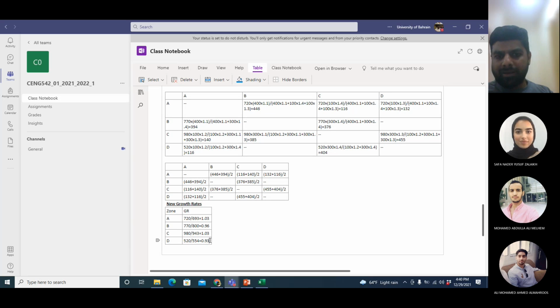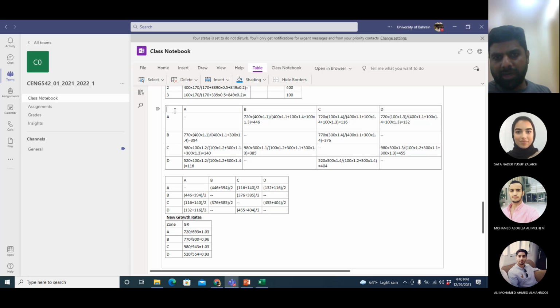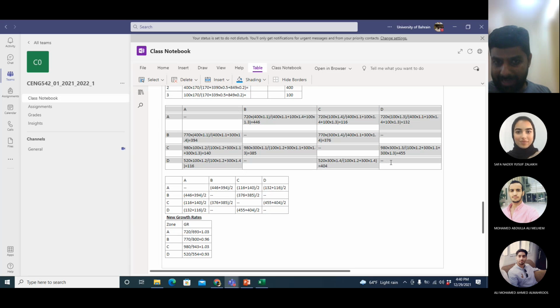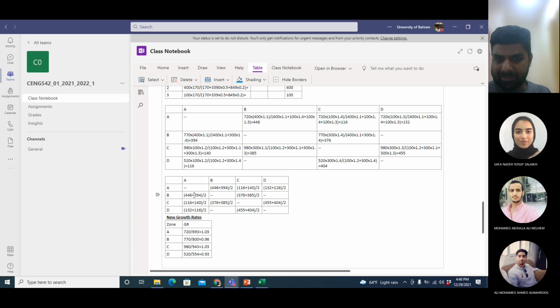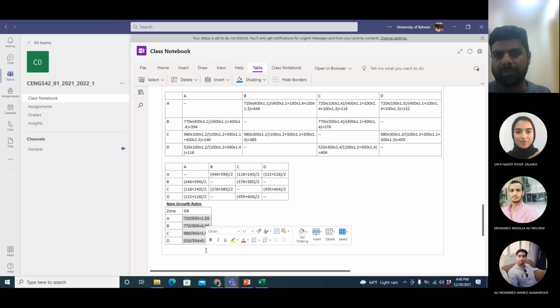If the difference is within plus minus 5%, like we said for the gravity model, you can stop here. But you can see for D the difference is more than 5%. So at least one more iteration should be done. You will start from here. You start this process again, but the values will be taken from this matrix and the growth rates will be taken from this table.